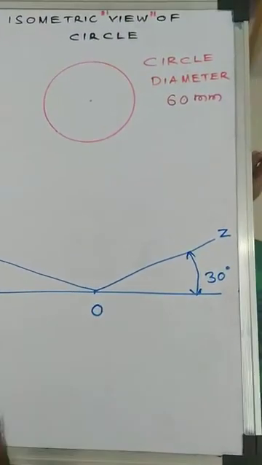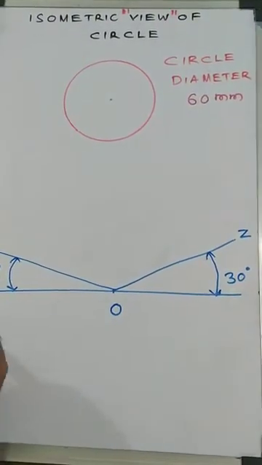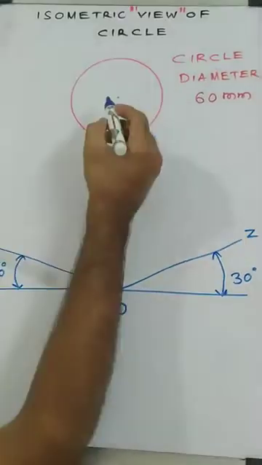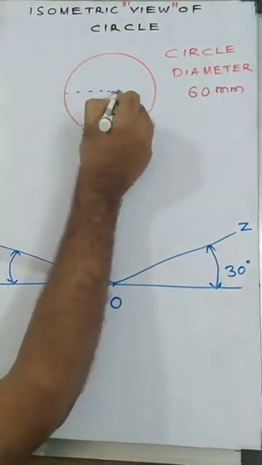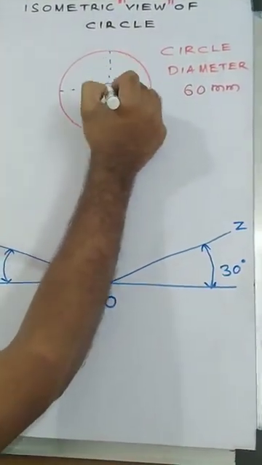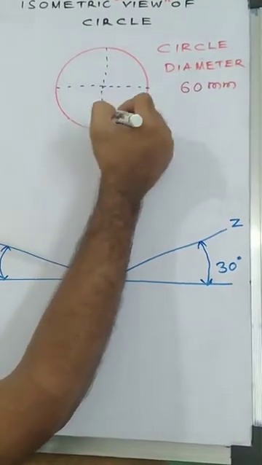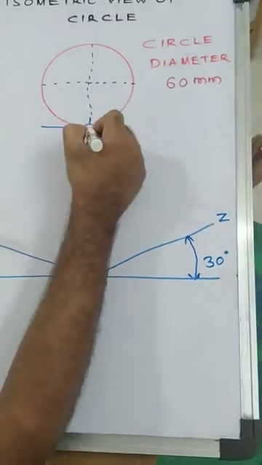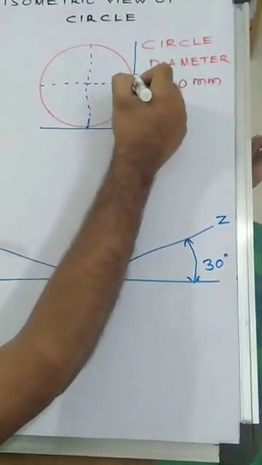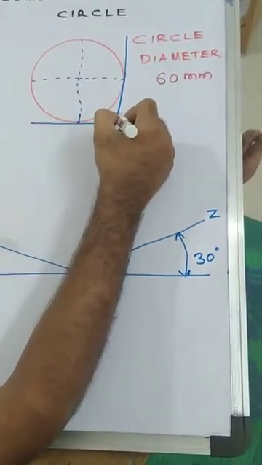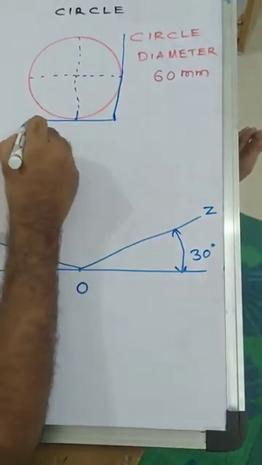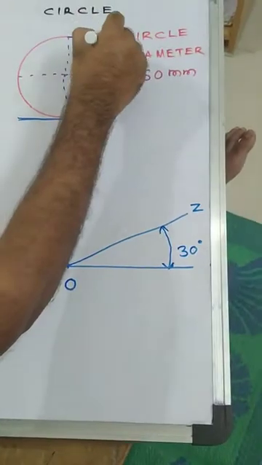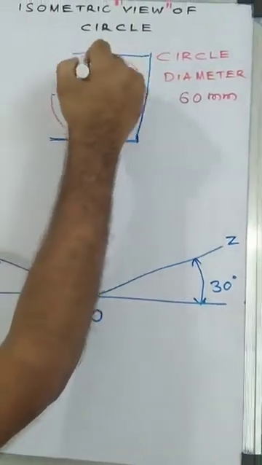Suppose every plane is going to be in a quadrilateral. Suppose this is its horizontal diameter, vertical diameter. Now I am drawing lines passing through its endpoints parallel to its respective axis.